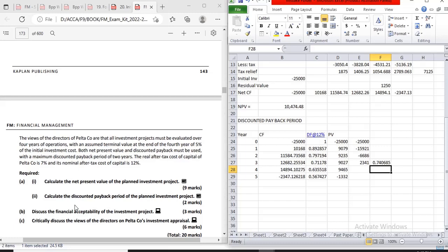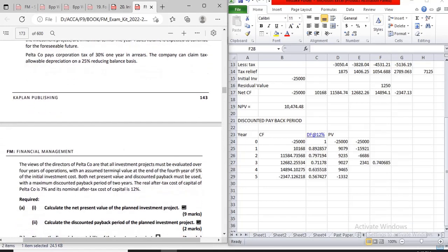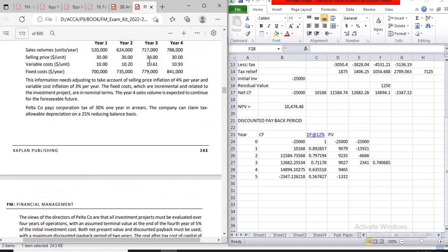Critically discuss the view of the director on Pelta company's investment appraisal. The view of the director of Pelta company is that all investment projects must be evaluated over the 4 years of operation. As the question told, the year 4 sales volume is expected to continue for the foreseeable future, right?